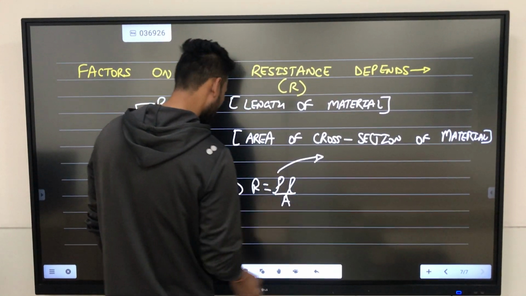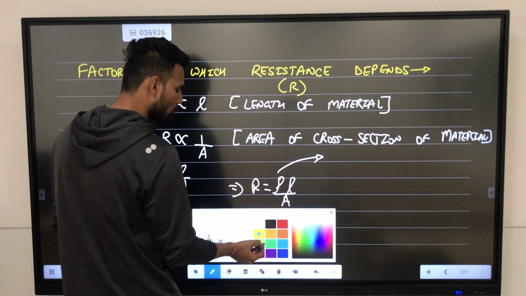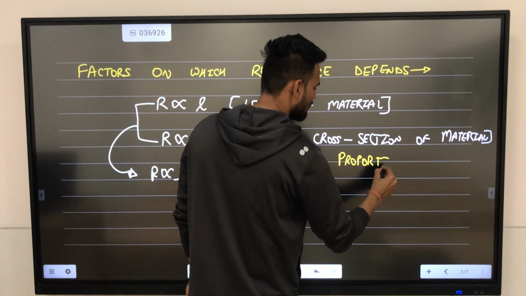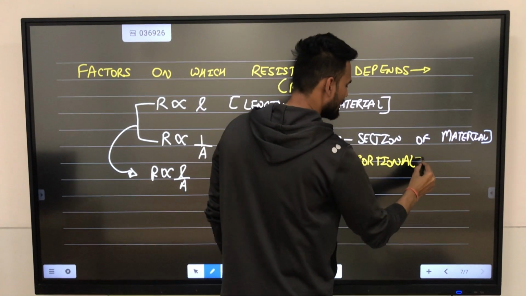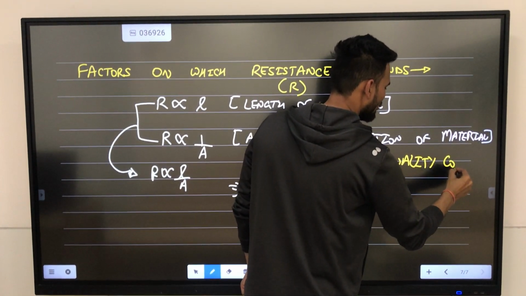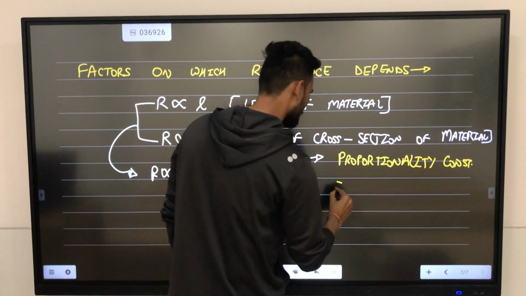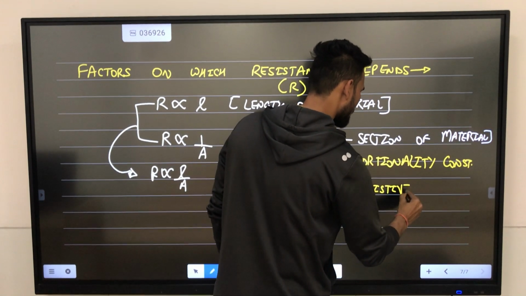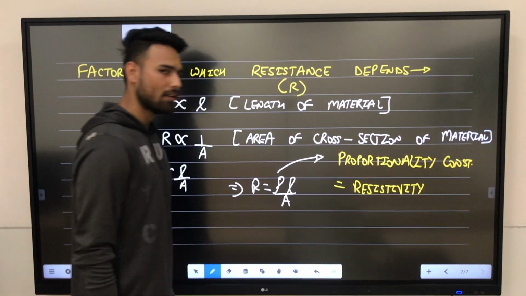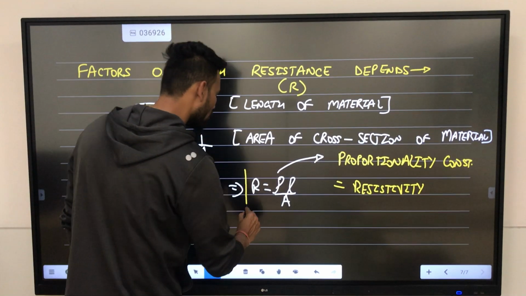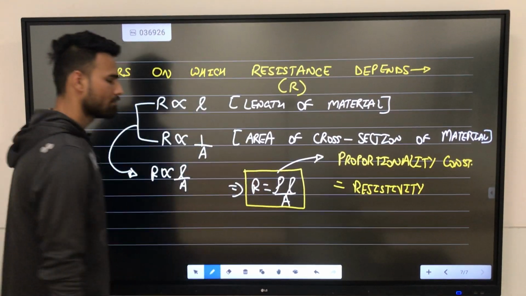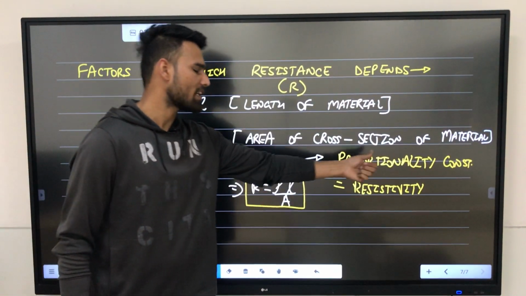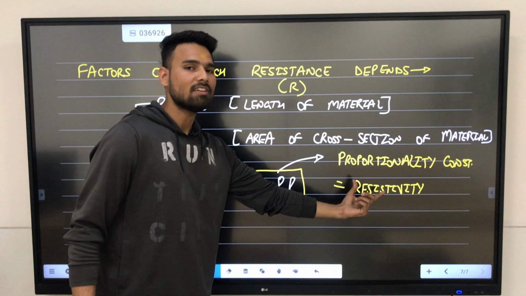The rho is called the proportionality constant, which is resistivity. So R is equal to rho L by A. Am I clear or not?